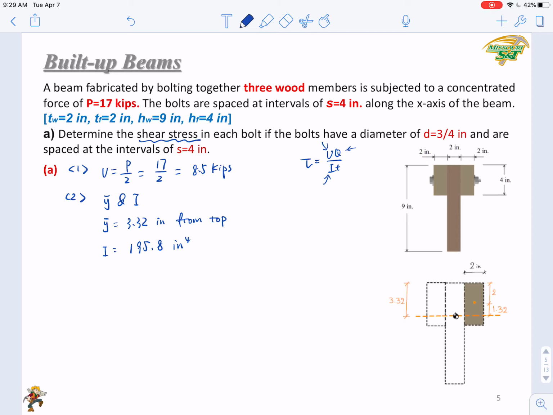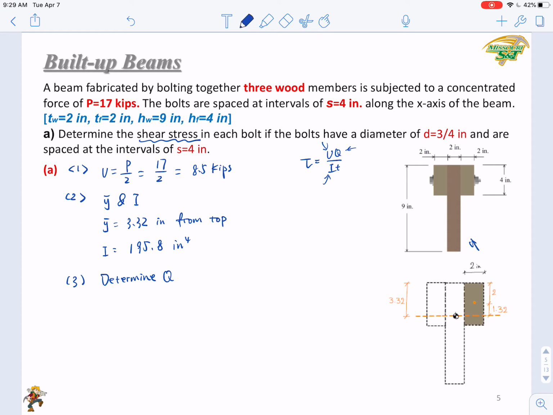Okay, then step 3, we'll determine Q. But which Q are we studying? Okay, so here is the interface. The interface has been shown here, right?